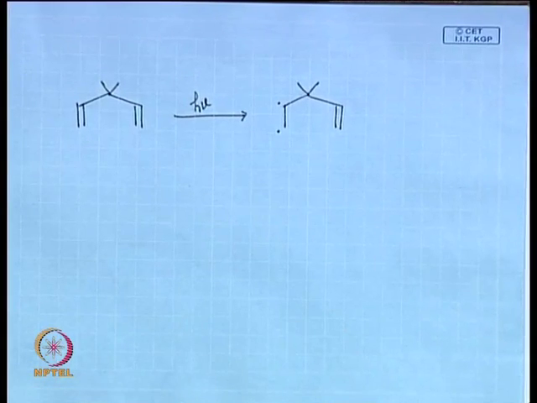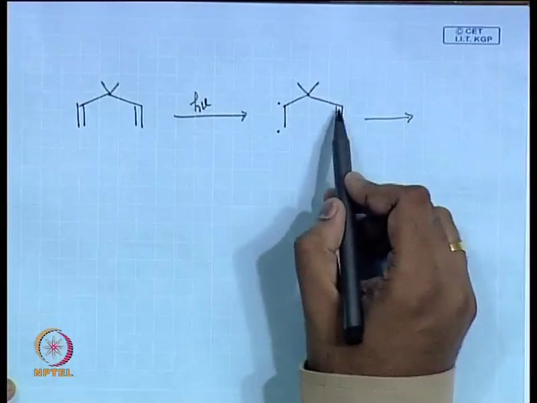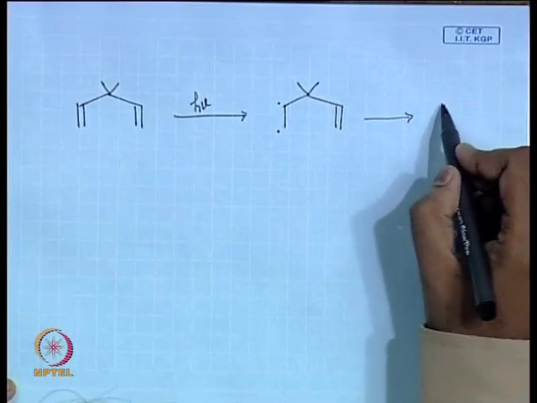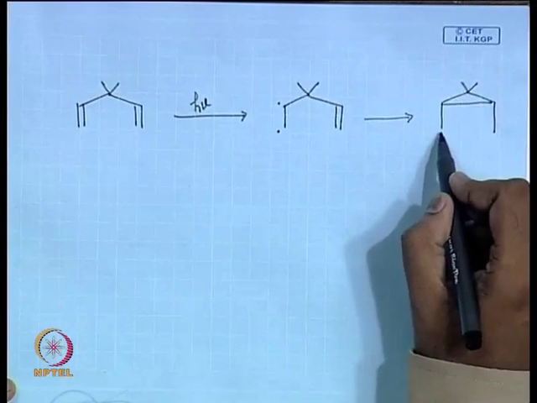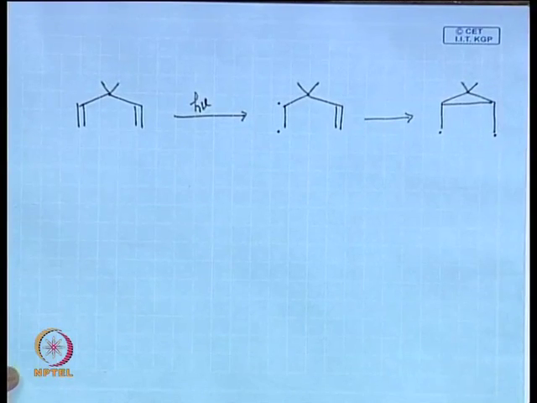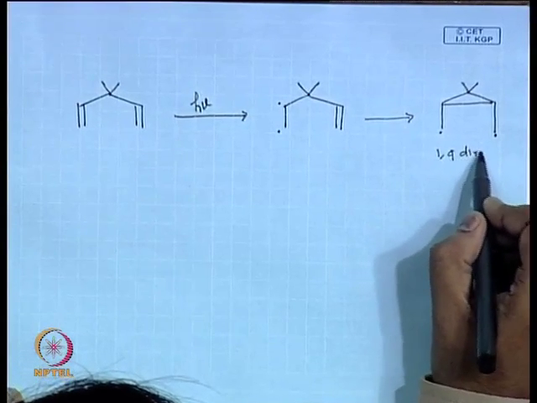But most of the time di-pi-methane rearrangements are seen as radical chemistry, not zwitterionic. So, then what you can do is just combine this radical and get this. What is this? Yes, a 1,4-diradical, that is a good driving force for this to happen.